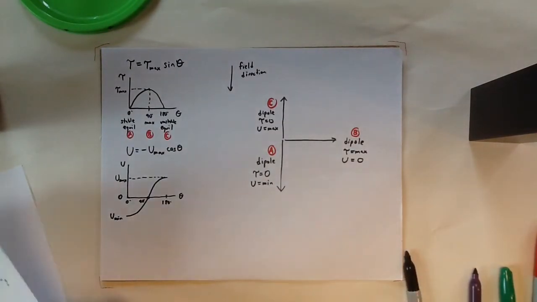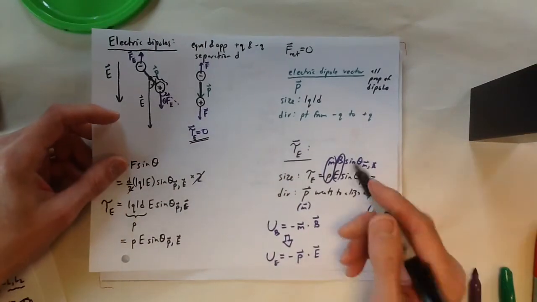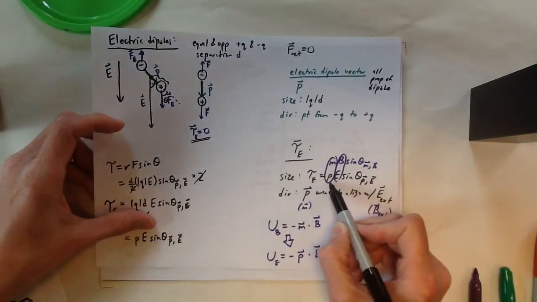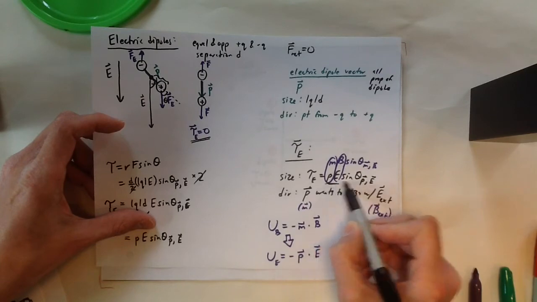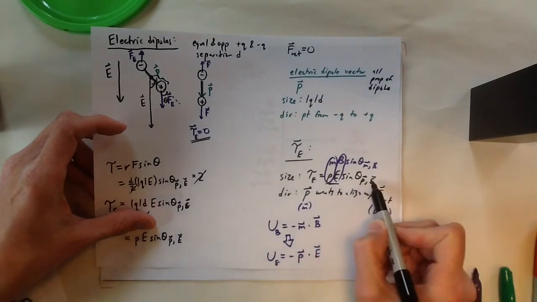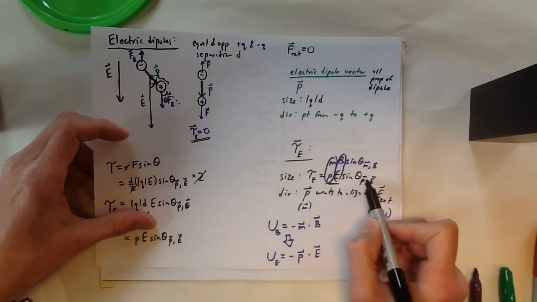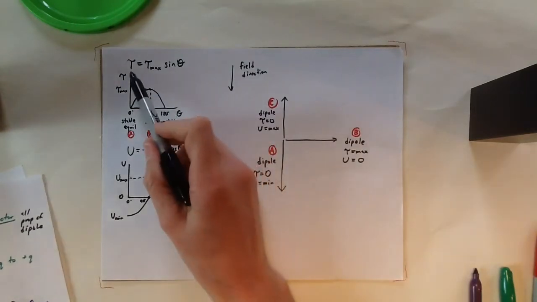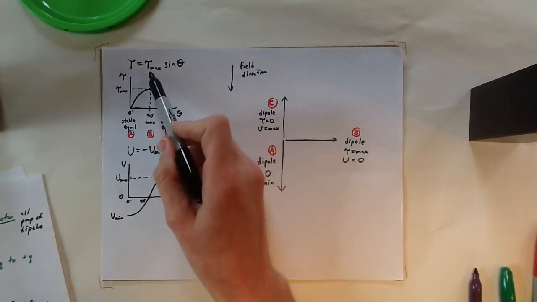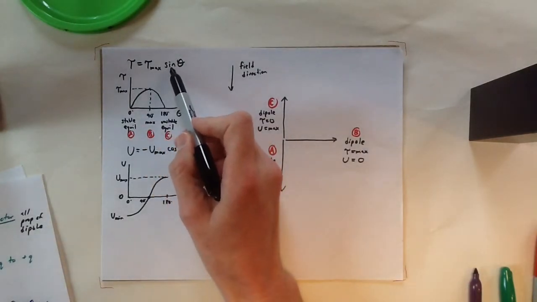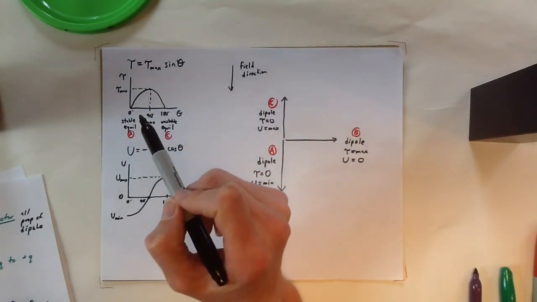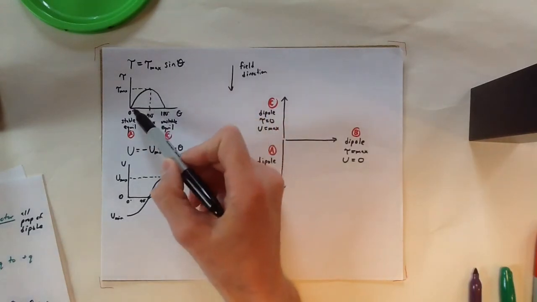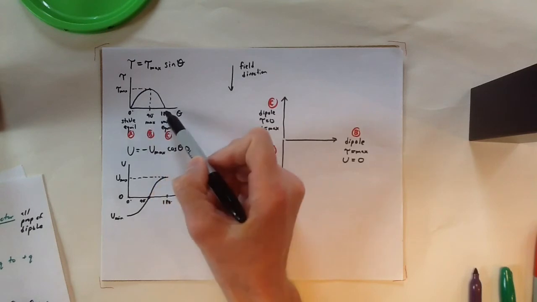Okay, I guess I should back this up. The torque is going to be whatever the maximum torque is in the front times the sine of the angle between them, which of course can reduce the torque. So that looks like this: the torque will be some maximum torque times sine of the theta between them. I've plotted the sine function here from 0 to 180.